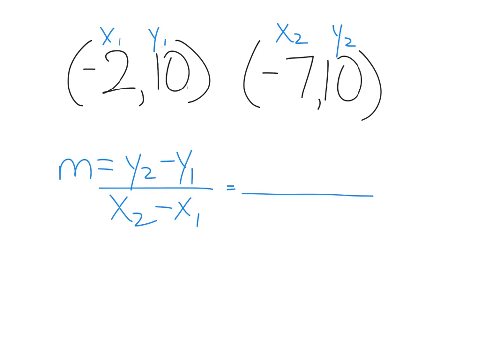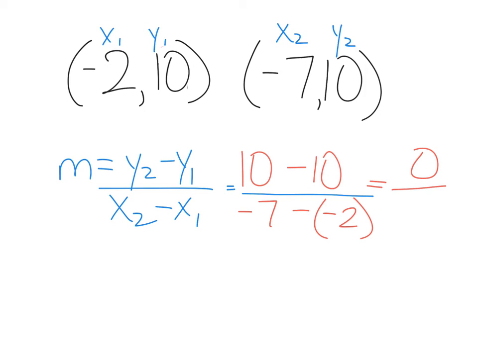So y2 minus y1, so this is 10 minus 10, and then x2 minus x1, so -7 minus -2. 10 minus 10 is 0, -7 minus -2 is really -7 plus 2, and that's going to be -5.